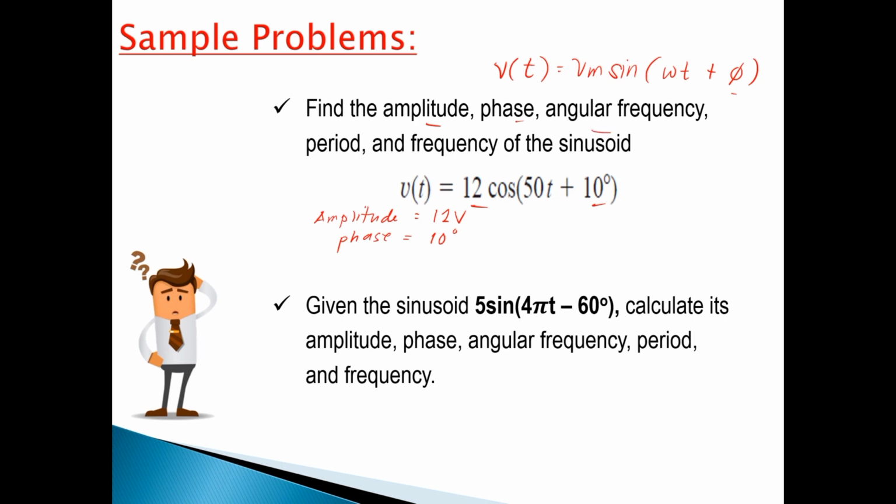For our angular frequency, that is omega. We have 50t, therefore our omega is equal to 50 radians per second. For our period, T is equal to 2 pi over omega, or 2 pi over 50, and this is equal to 0.1257 seconds.